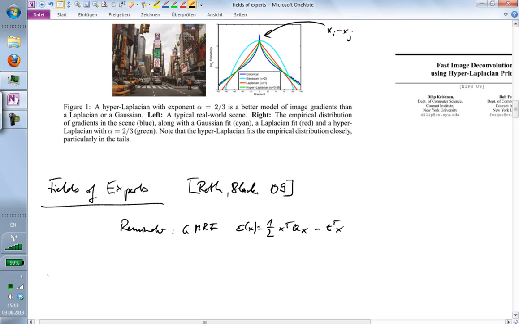And now comes one of the formulations of a field of experts, an energy which depends on the hidden states and a set of parameters that need to be learned in practice.